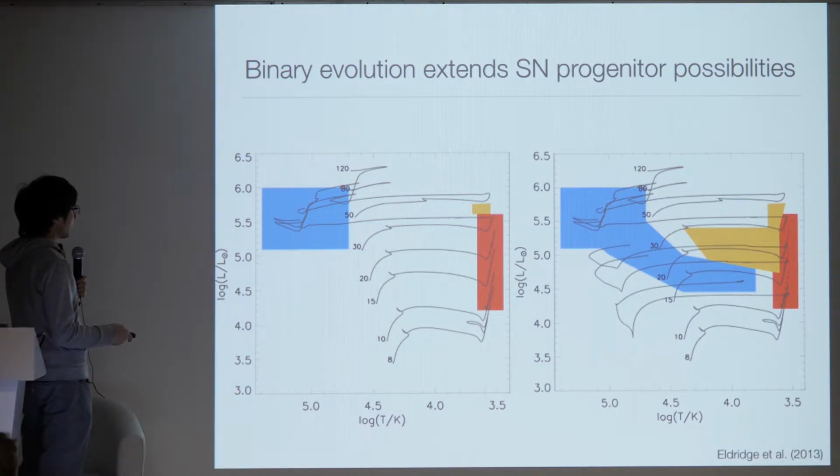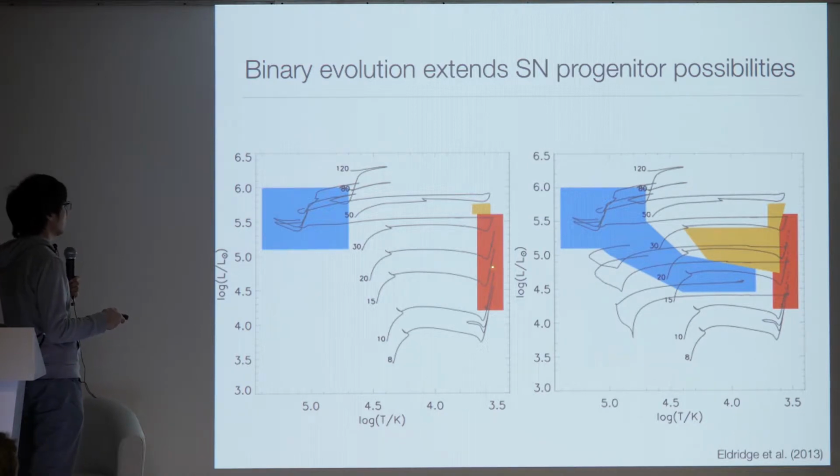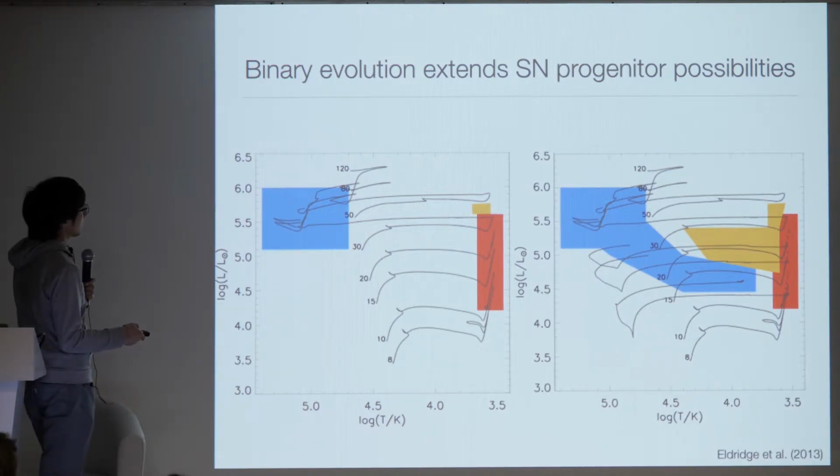But if there's a binary interaction, then these stars, which were not expected to explode as Wolf-Rayet stars without hydrogen, if there's a star next to them, the expansion will lead to mass stripping, and some of them can explode as Wolf-Rayet stars. So this region is the result of binary stellar evolution, and some examples are shown.